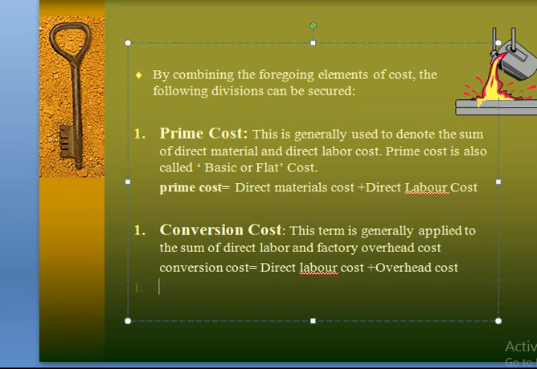So let's suppose, dear students, if direct labor is 10,000 and overhead is 4,000, it means that our total conversion cost will be equal to $14,000.